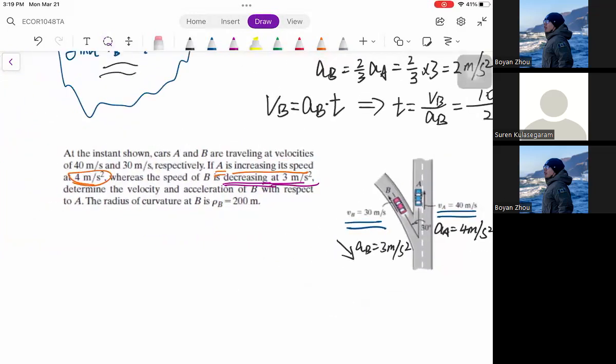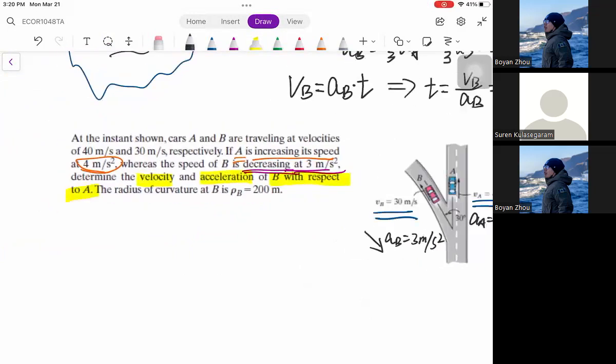And the question is asking for the relative velocity and acceleration of B with respect to A. So we're going to find the relative velocity of B with respect to A, so it's going to be B/A.